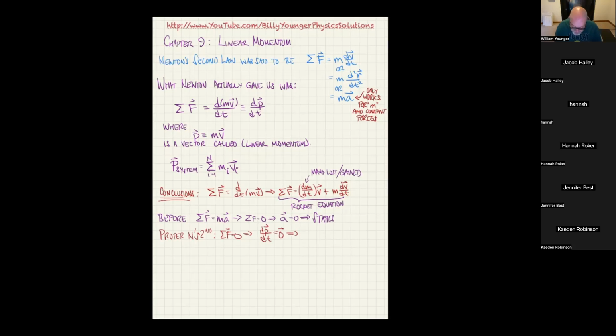Can anybody tell me what it means when a derivative is equal to 0? Under what kind of conditions is a derivative equal to 0? What kind of functions?